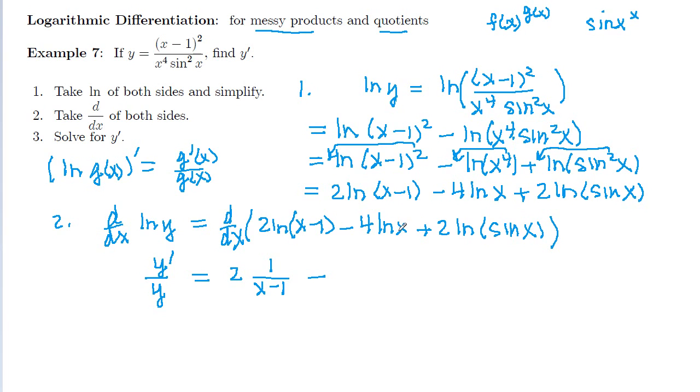Then the derivative of ln x is 1 over x, so this would be minus 4 times 1 over x. And then the derivative of 2 ln of sine x: the 2 will factor out, and this is the log of a function, so the function goes on the bottom, sine x, and its derivative, cosine x, goes on top.